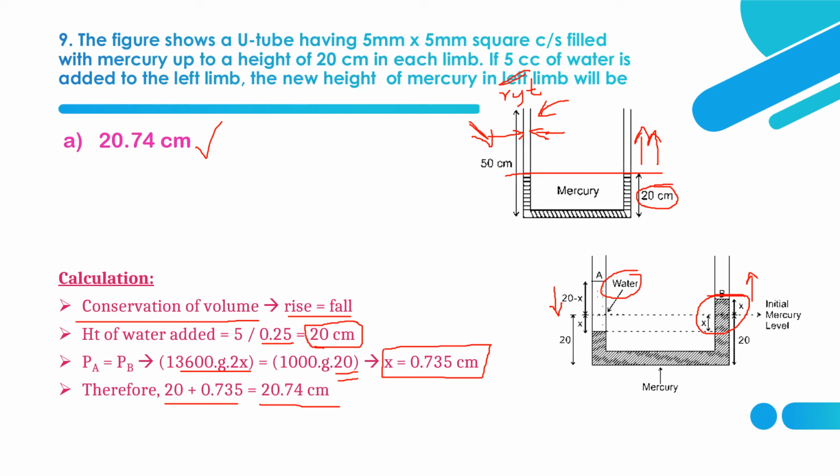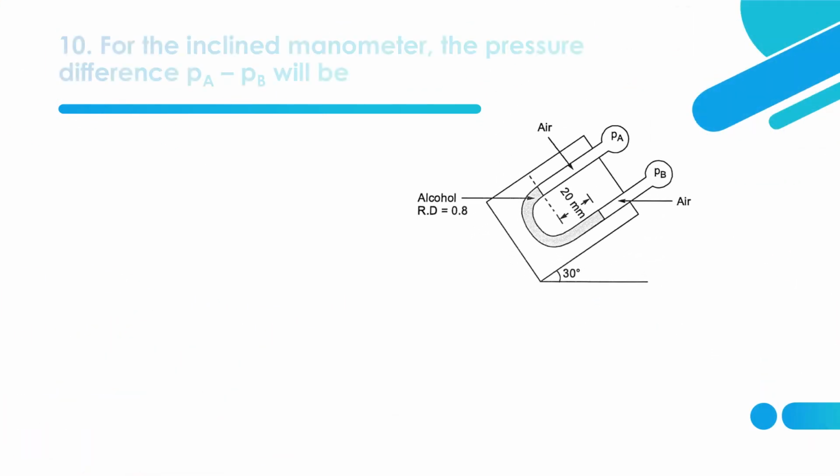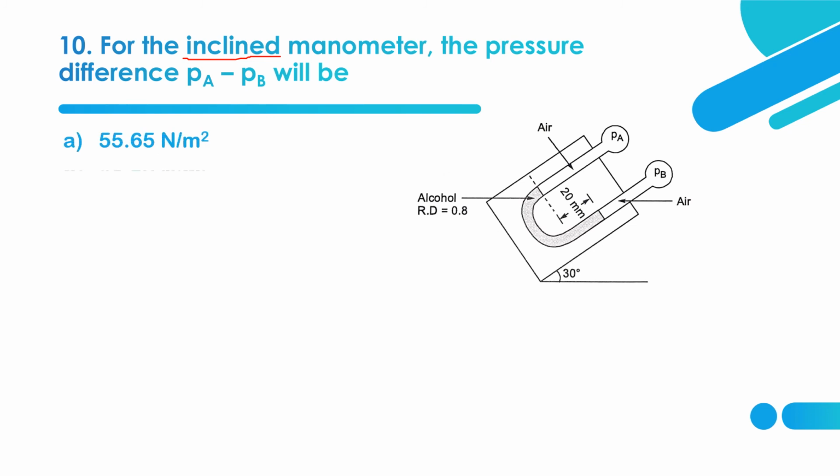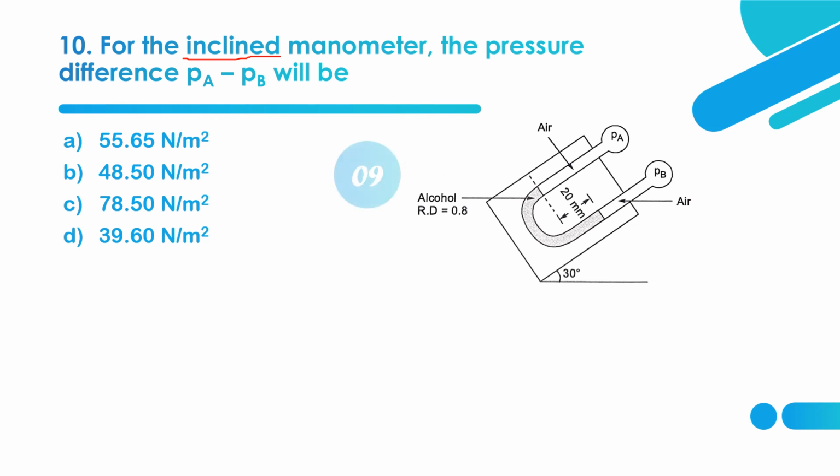Now let's see the 10th question. This is also based on a manometer, and it is inclined. For the inclined manometer, they have given all the things in the diagram. First let's see the options. Option A 55.65 Newton per meter square, option B 48.50, option C 78.5, option D 39.6.